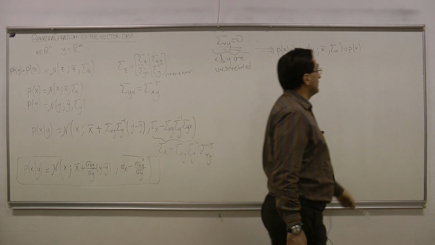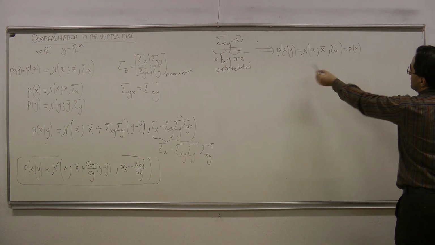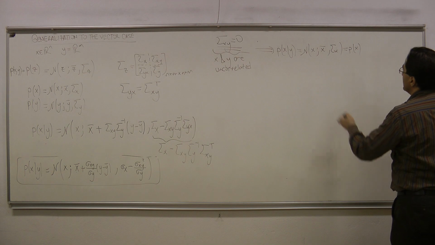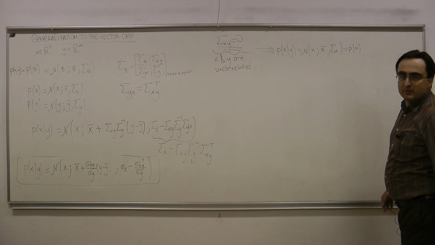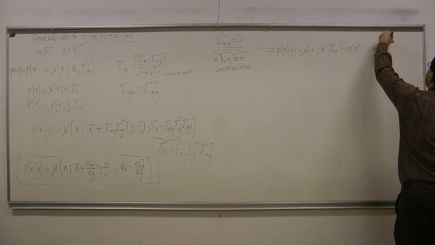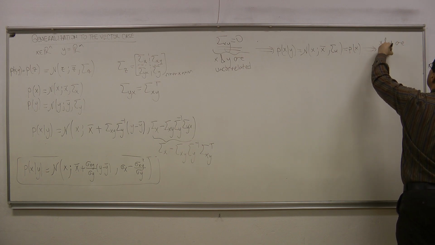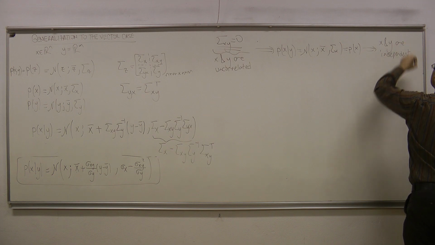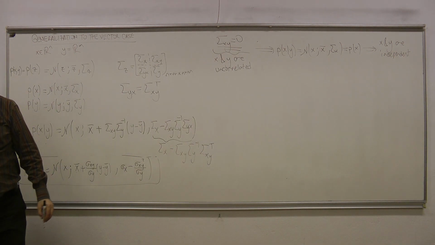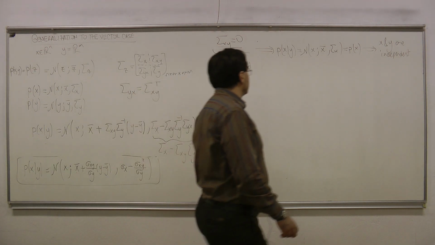It doesn't depend on y anymore. We have seen in one of the last lectures that this condition means the independence of x and y. So here x and y are independent.